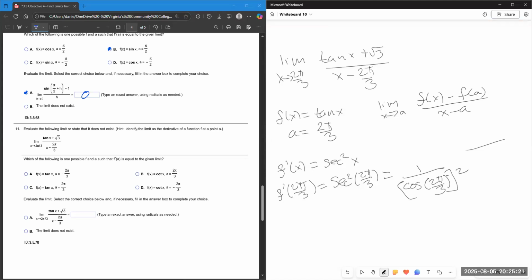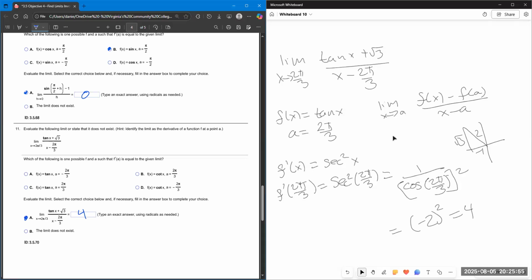So let's think about what happens at 2 pi over 3. We're at (-1/2, root 3 over 2). So cosine is -1/2. The reciprocal of -1/2 is going to be -2. So this is -2 squared, which is 4.